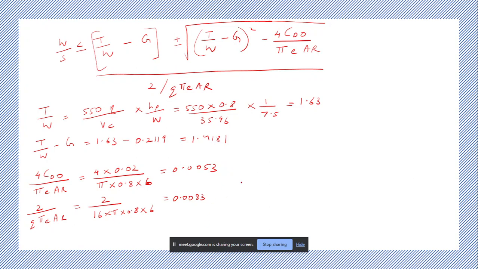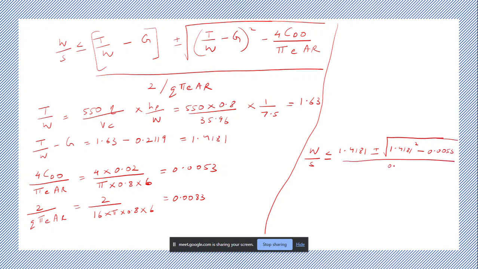So if I substitute all of them into this equation, I'll just write it here. W by S is less than or equal to 1.4181 plus or minus square root of 1.4181 square minus 0.0053 divided by 0.0083.